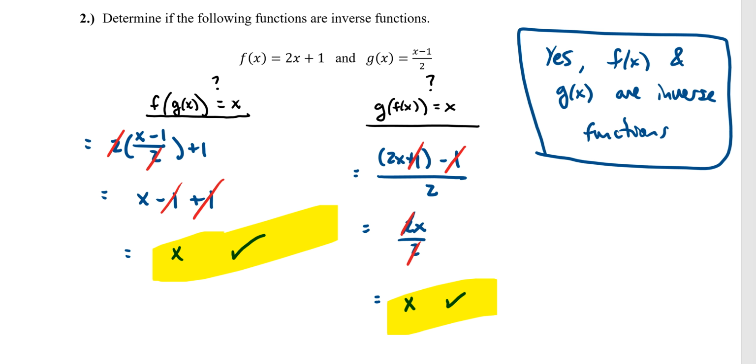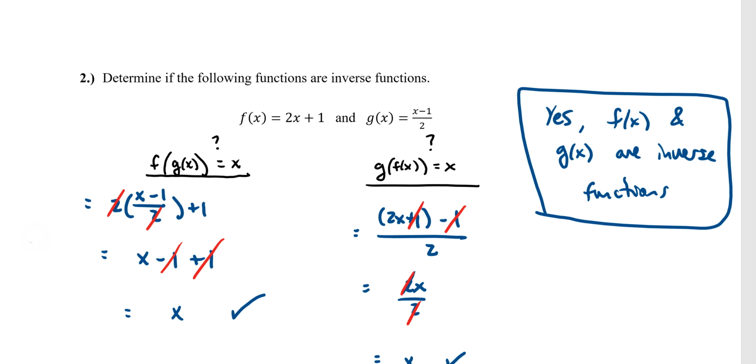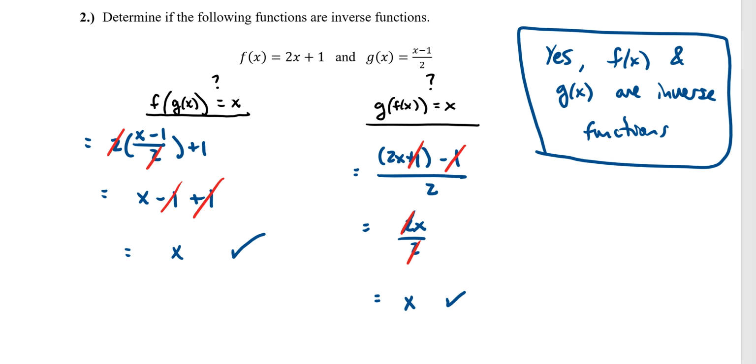That goes for either one of these or both. Anything other than x, not inverse functions. Inverse functions need to completely cancel each other off, so you're just left with, in this case, the independent variable x. Right, so that is actually it for the review.